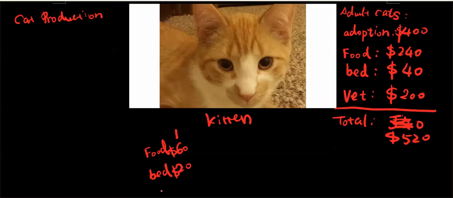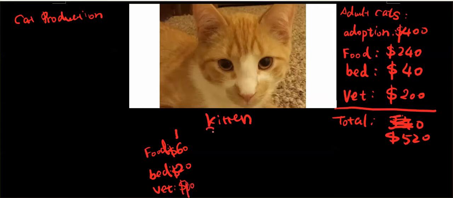And we need to prepare money to see the doctor. So think about the scenario. If we have two cats, they probably have a lower chance to get the flu. But if we have three cats, there is a higher probability to get the flu. So let's assume for our first kitten, the vet is $100.